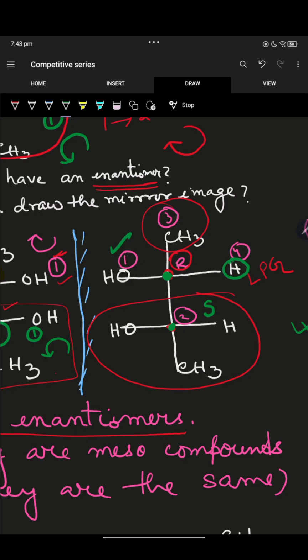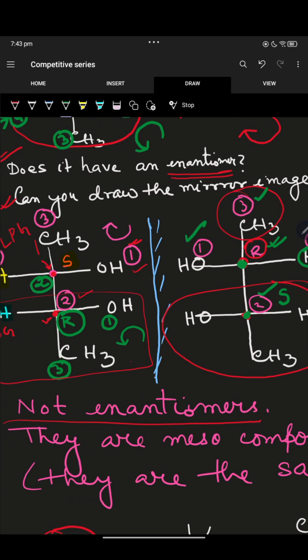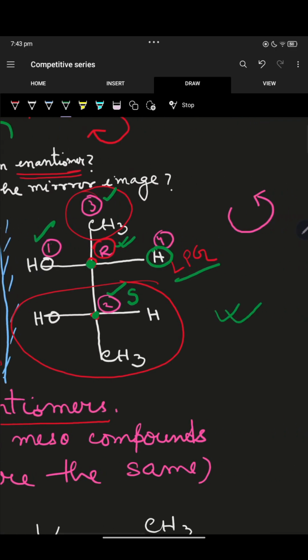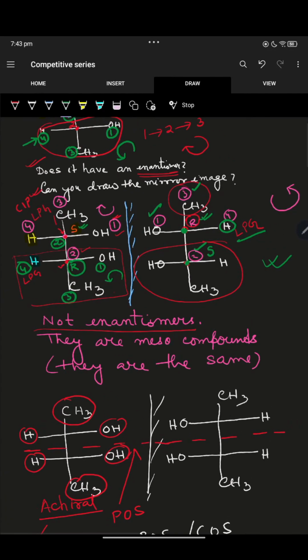So 1, 2, 3 is anti-clockwise, which needs to be S, but since H, the lowest priority group, is in horizontal, it gets reversed. It is R configuration. So it is just the opposite. Here it was S, so this needs to be R. Here it is R, this needs to be S. But they are not enantiomers. Even though, if I consider it to be the mirror image, having the opposite configuration, S becomes R and R becomes S, yet the relation amongst them is meso, not enantiomers.